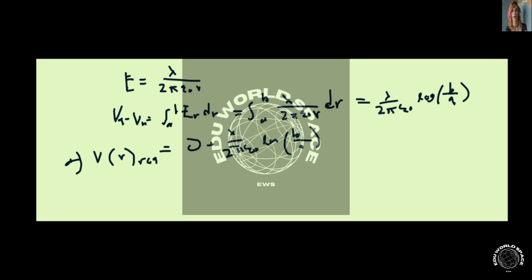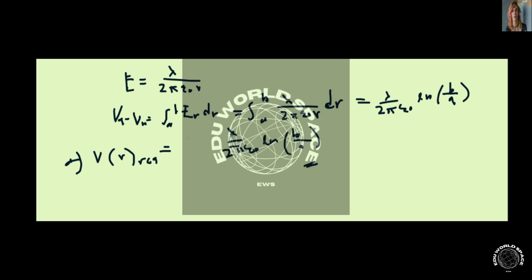Sorry, there should be a ln here. So the potential at distance r is equal to this, if you just get rid of the 0 because it holds no value. That's the answer to part A.